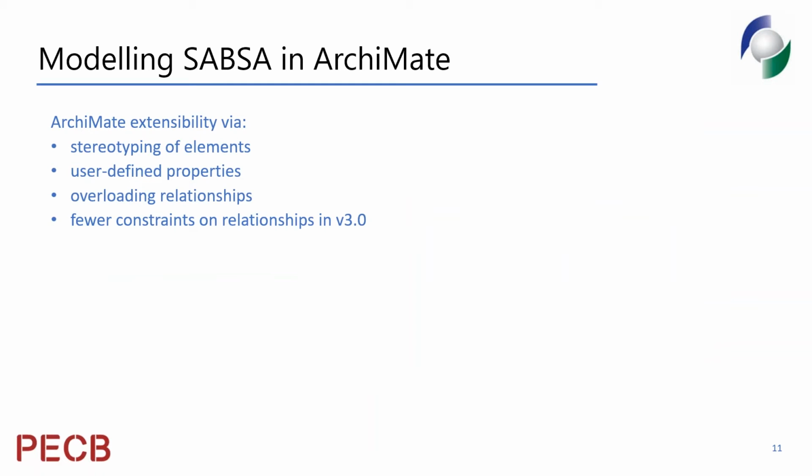Well, there are mainly four ways of extending ArchiMate to make it suit a particular application. The first one is by stereotyping elements, basically saying that I'm going to create an element that is a derivation of one of the existing notations. We can extend the notation by stereotyping existing elements. That's one thing that is perfectly legal and encouraged to do.